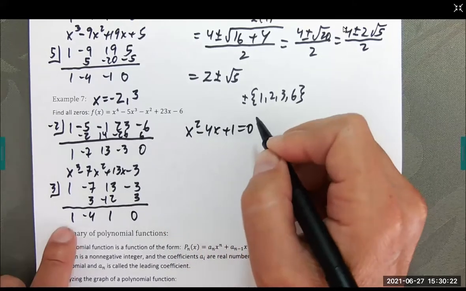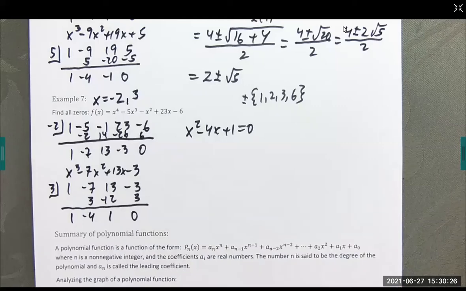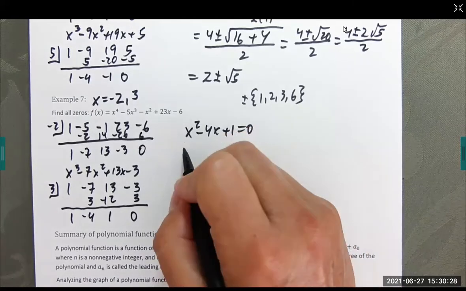from here, x squared minus 4x plus 1. And this does not factor. So let's use quadratic formula.